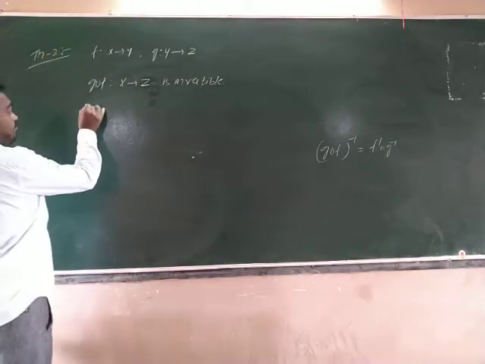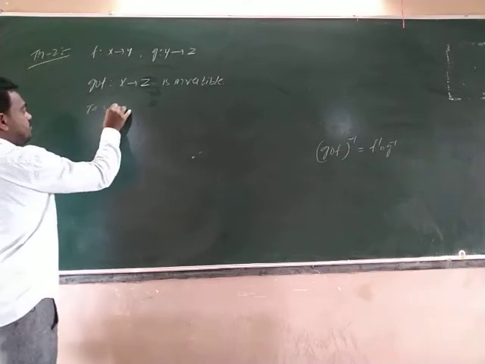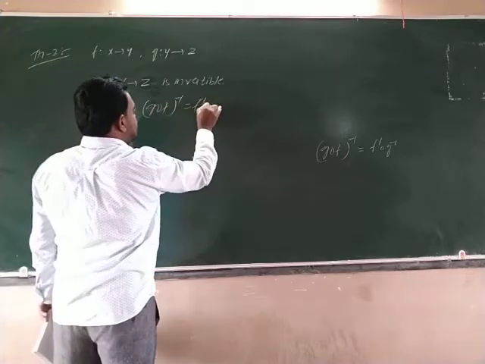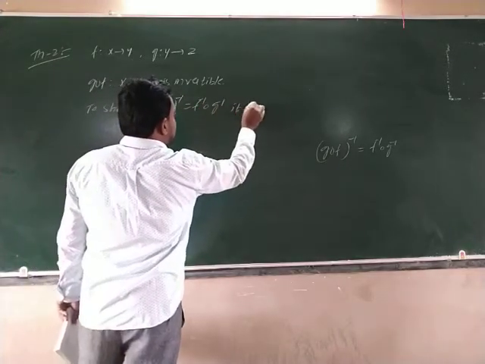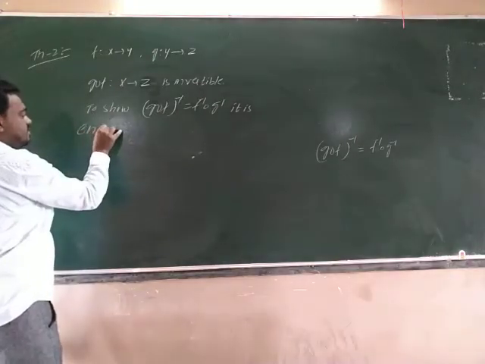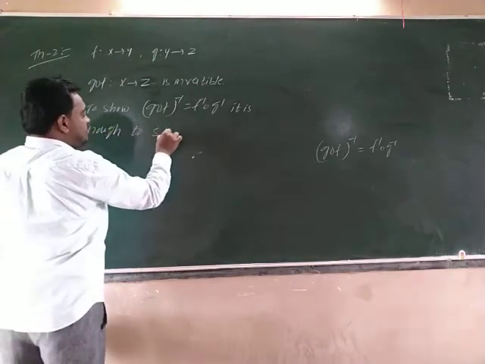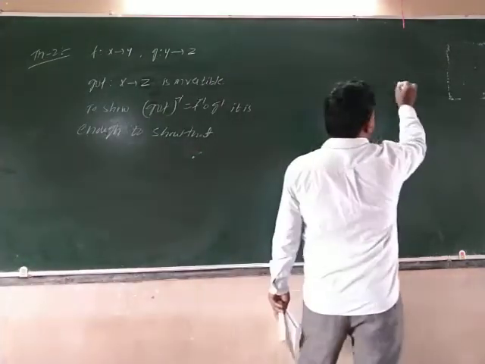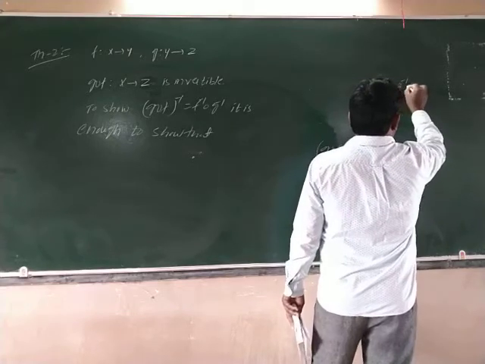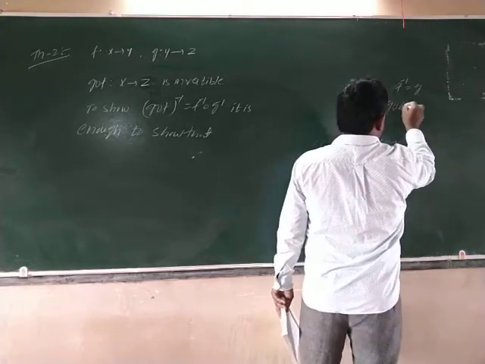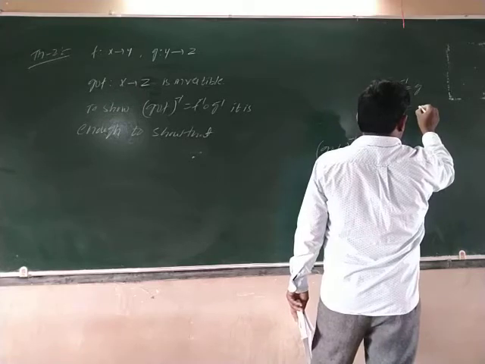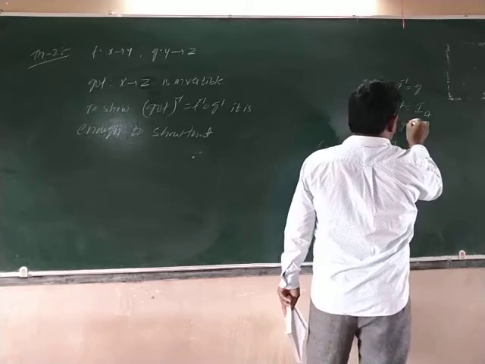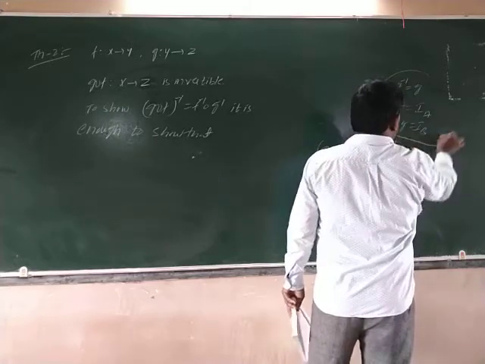What we need to do to show (G circle F) whole inverse is equal to F inverse circle G inverse is enough to show the definition: G circle F is equal to I, this is I_A, and F circle G is equal to I. So we need to do this one.